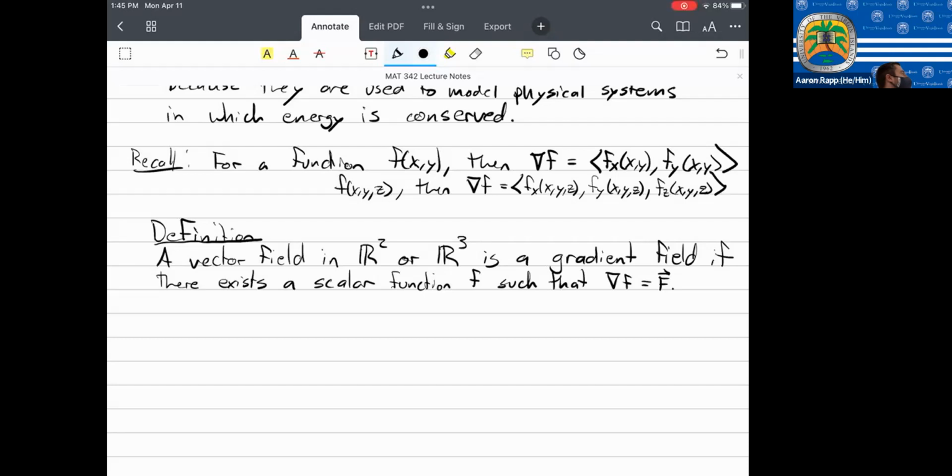Because the gradient of f is how I'm determining all those vectors depending on where I'm at in my space, whether it be 2 dimensions or 3 dimensions. That function little f that we have to take the gradient of to get this gradient field is often called the potential function of my vector field F.